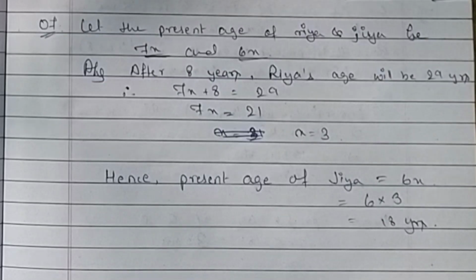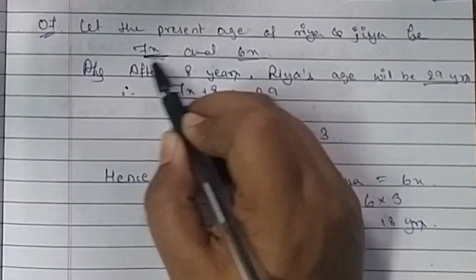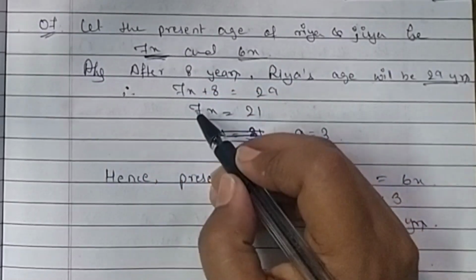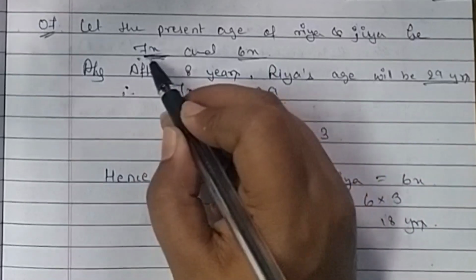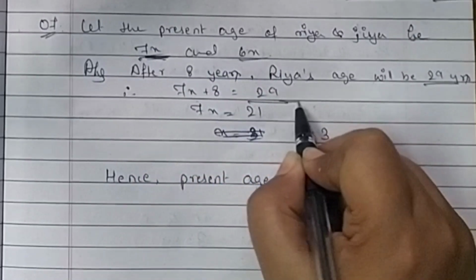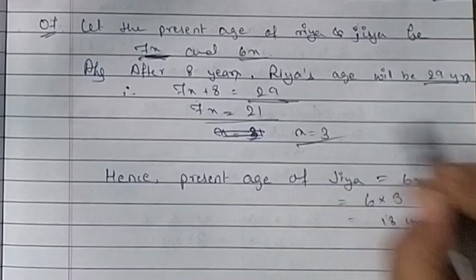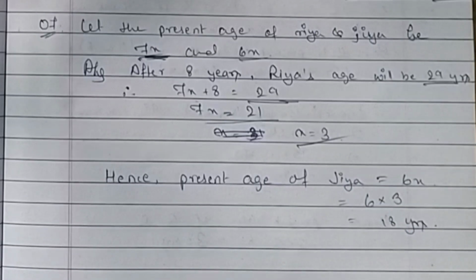So we will add 8 years to 7x and we will get 29. So 7x plus 8 is equal to 29. 7x is equal to 21 and hence x is equal to 3.